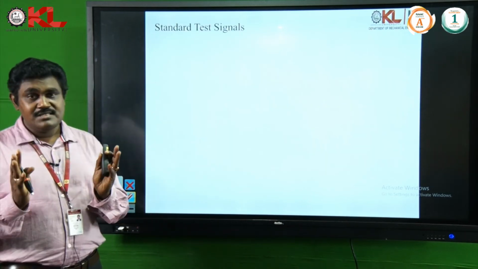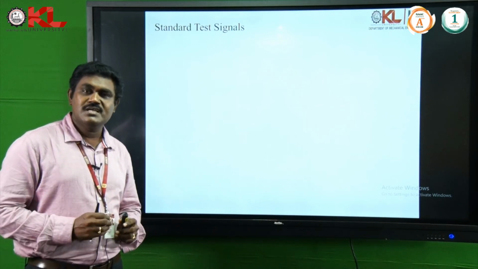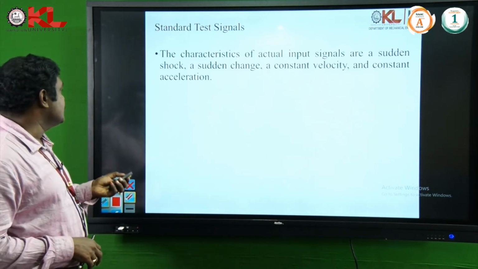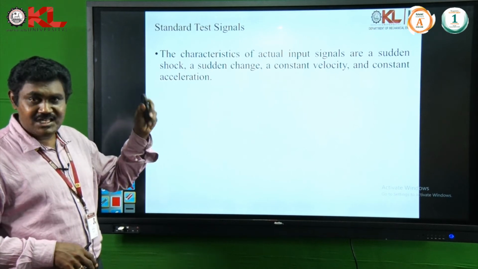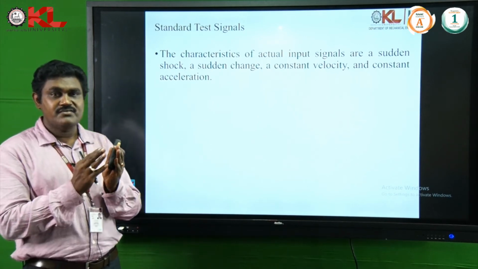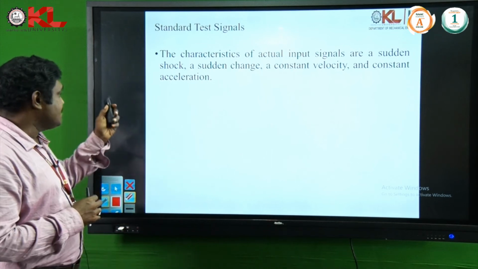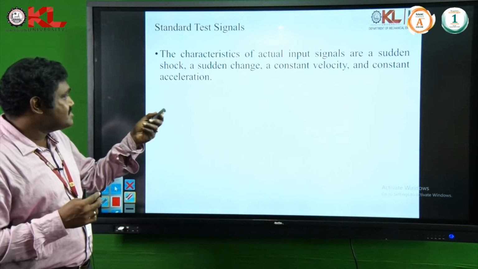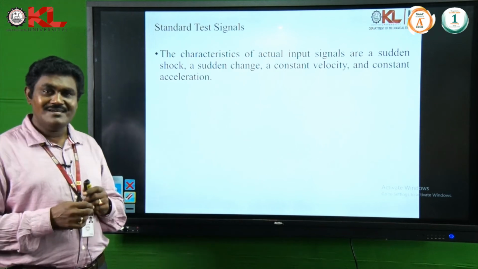So, what general test signals do we use in the time analysis? We will see the four test signals. The characteristics of actual input signals are a sudden shock, a sudden change, constant velocity and constant acceleration.